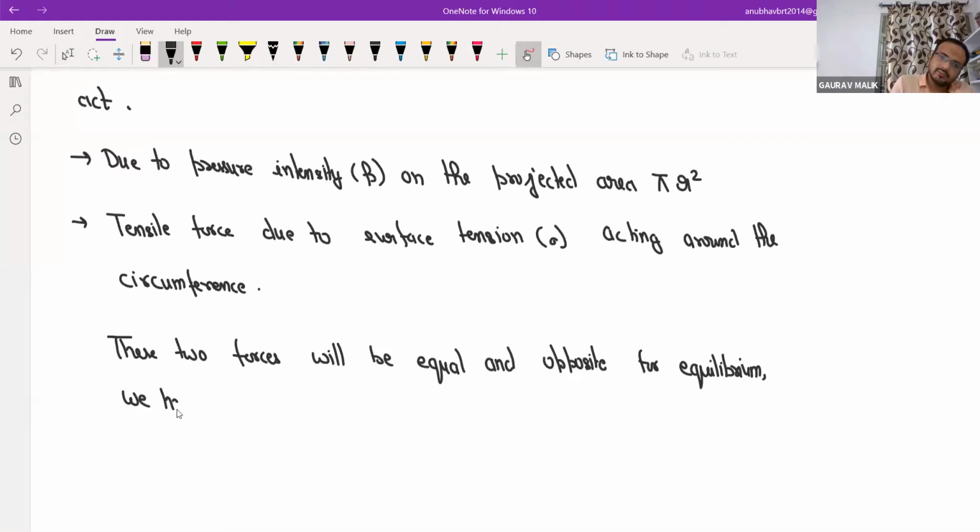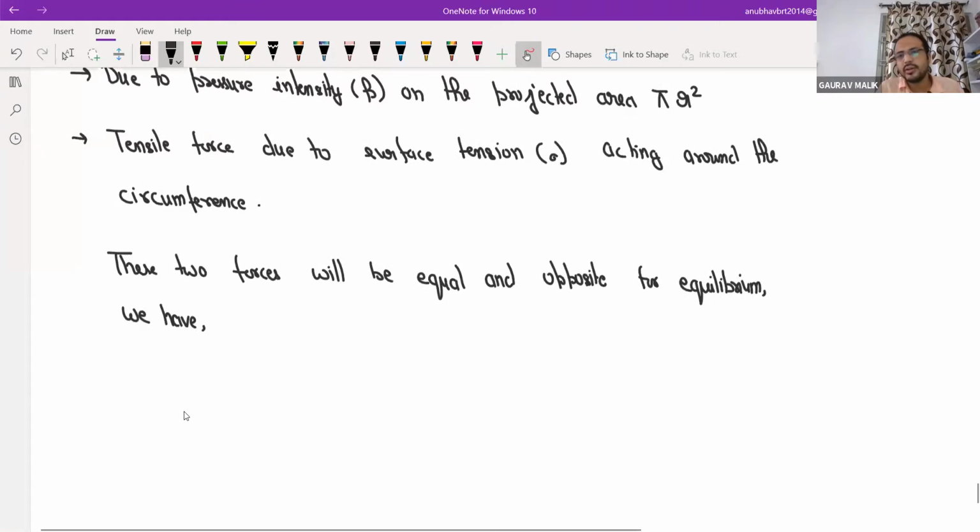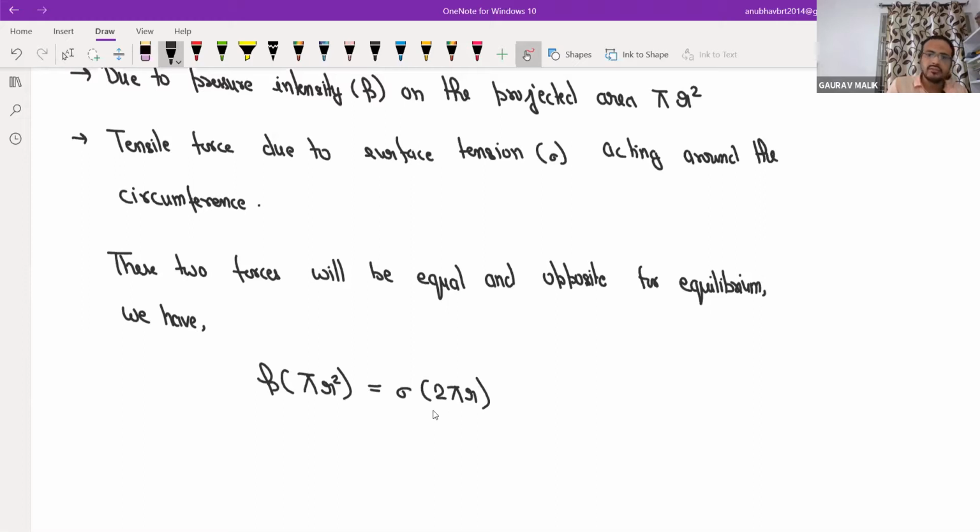So we have pressure equal to force per unit area. So force is equal to pressure into area. So this is P into pi r square, and from the other side, sigma into 2 pi r.